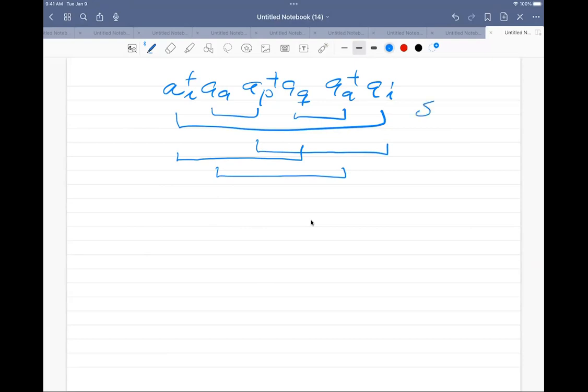So this would give us, again, delta of ii, and then a delta of pa, and a delta of qa. Whereas here we have minus delta aa, and we have a delta of ip multiplied with a delta of qi. And this will contain the integral where we now have a, f of a.